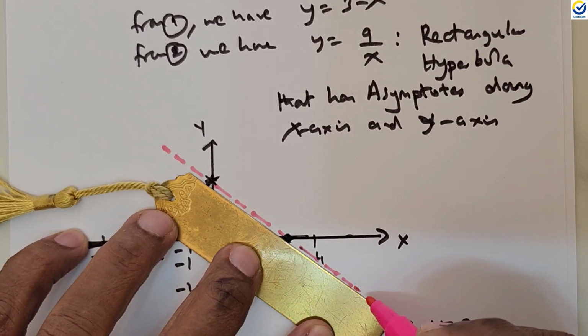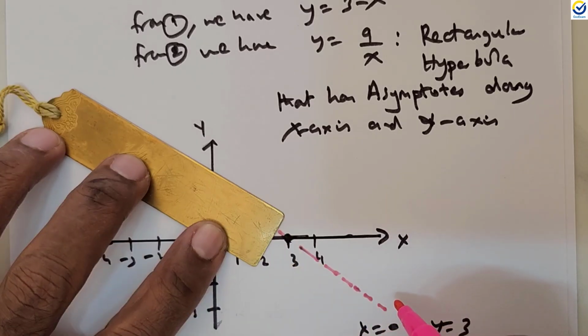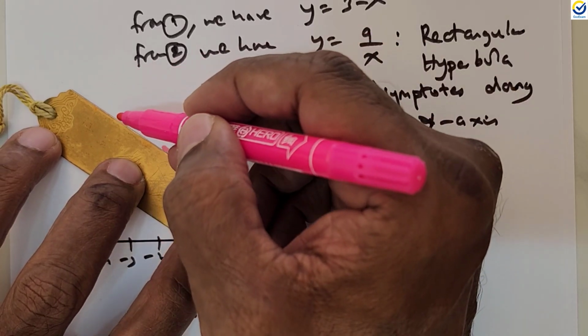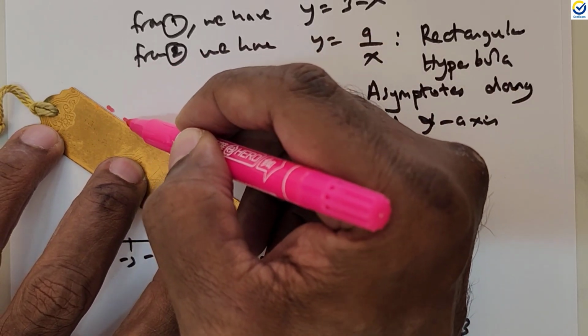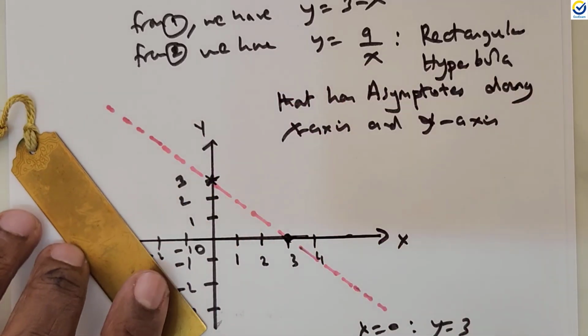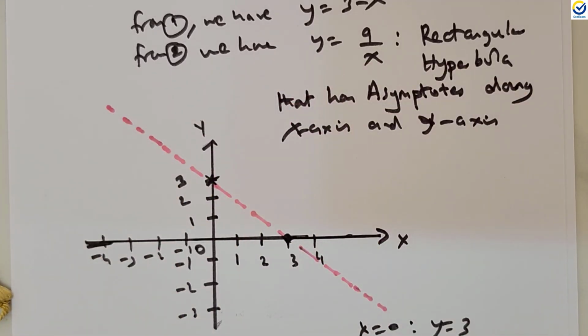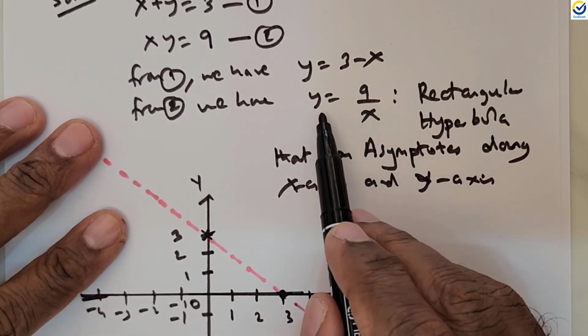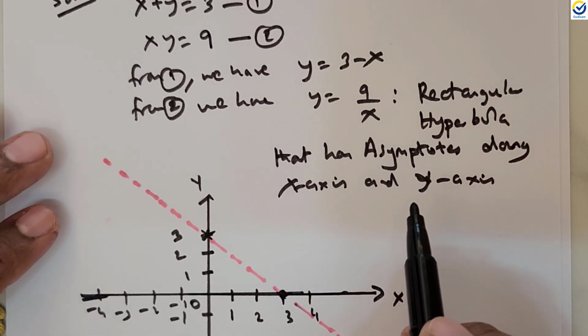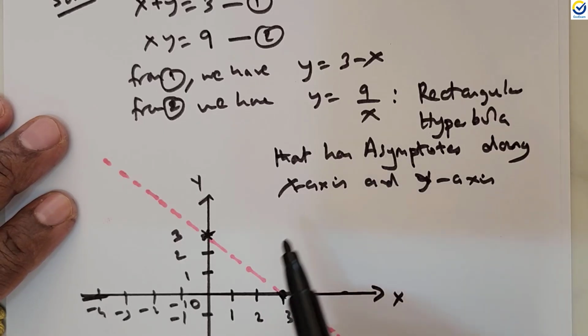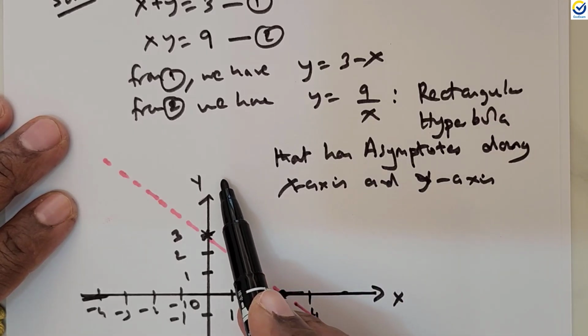So this is going to be our straight line. Now the rectangular hyperbola y = 9/x. How will this be?